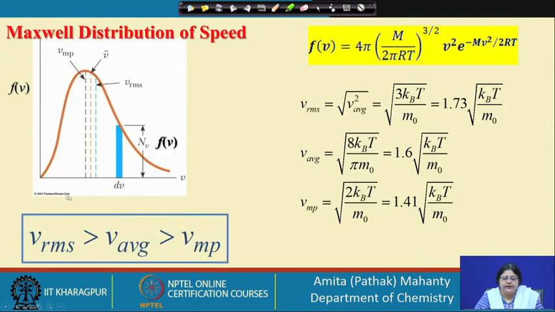As you can see from the expression, I have not derived it, but we can numerically derive it from the integration using standard integrals. What we have derived is the RMS speed. We can numerically evaluate this using standard integral values. We can find out what the average velocity is and what the most probable velocity is.